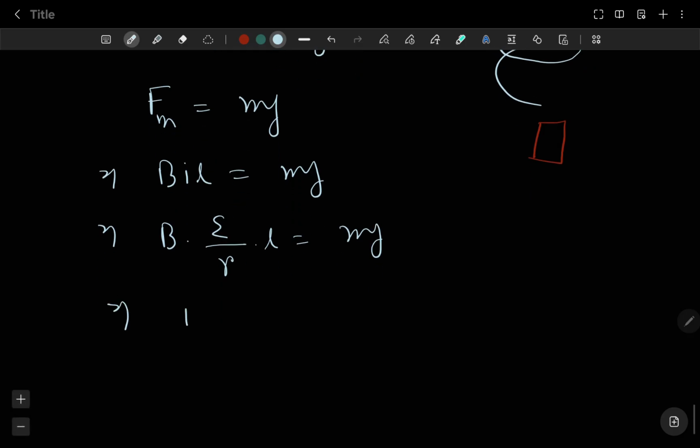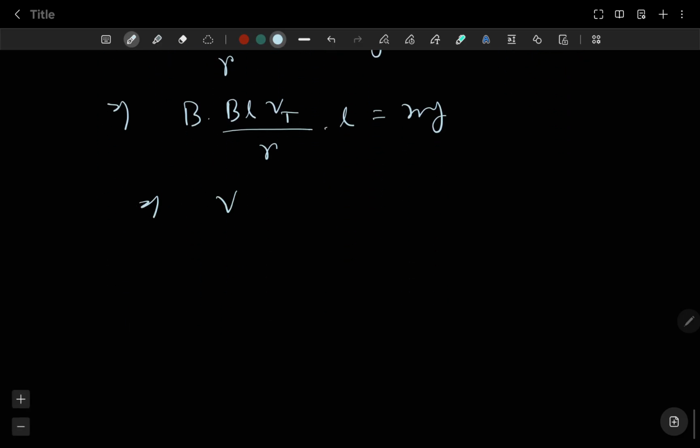So it is B into epsilon, which is B L Vt by R, into L is mg. So we will get Vt as mgR by B square L square.